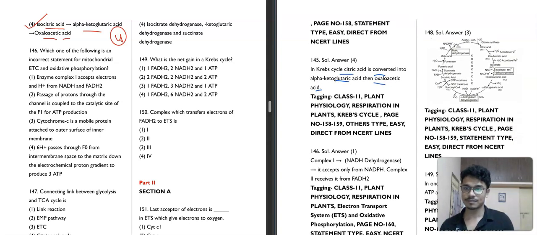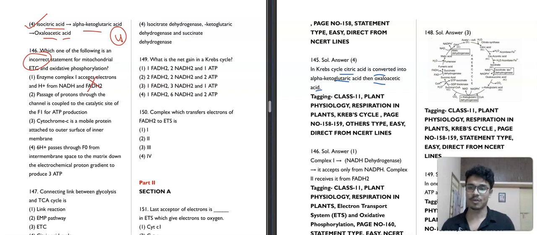Then question number 146. It is saying, which of the following is an incorrect statement for the mitochondrial electron transport chain and oxidative phosphorylation? Incorrect statement. Okay. The first statement says that the enzyme complex first accepts electron and H plus from NADH and FADH2. It basically accepts electron only from NADH, not from this. It is not correct.